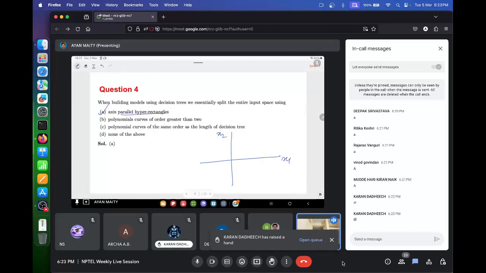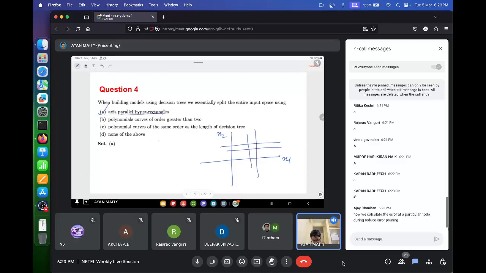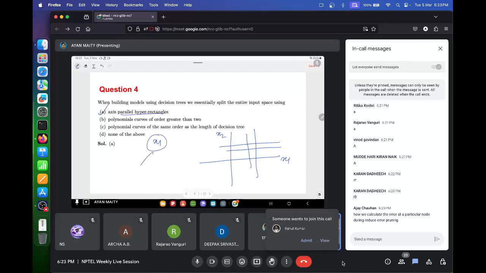In a decision tree, the space is divided into rectangles like this. Let's say you pick node one, feature 1, and if feature 1 is greater than, let's say, 40, you go to this node.